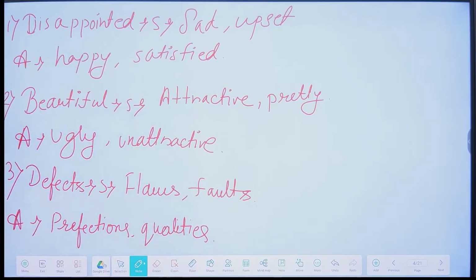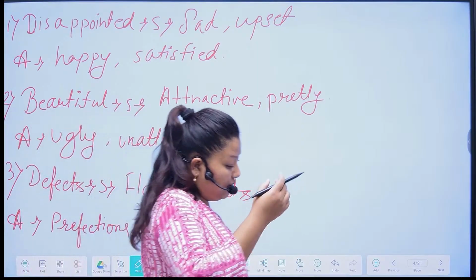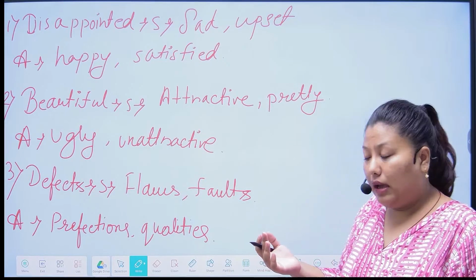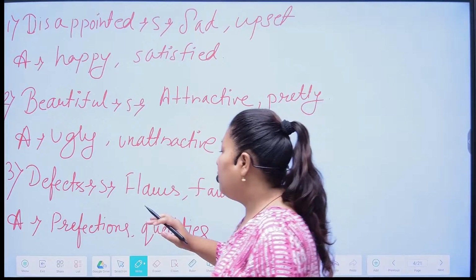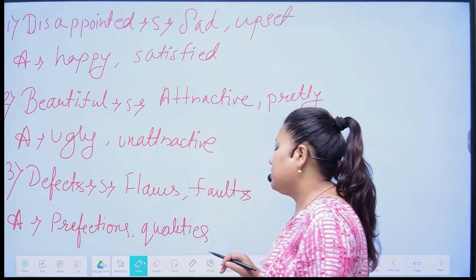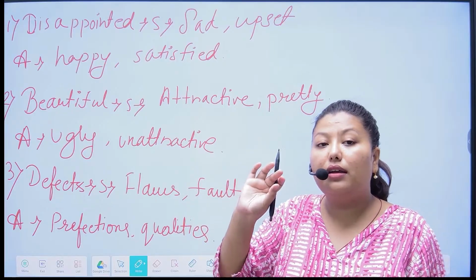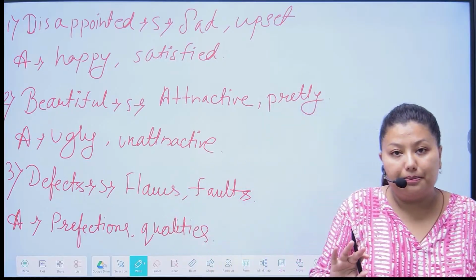So defects mean when you have flaws or faults, or when something has flaws, it is not perfect, so then we call it a defect. And the antonyms of defect are perfection and qualities. That means something which has very good quality and is very perfect in everything, right?